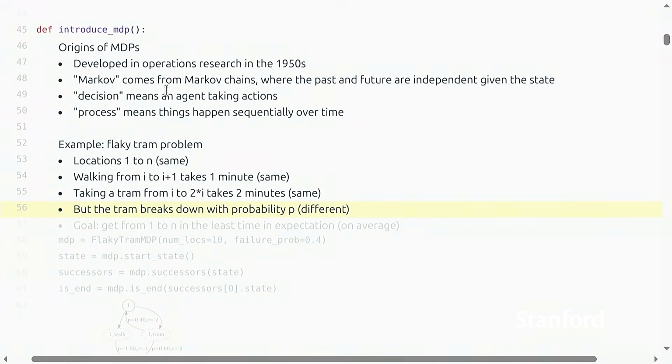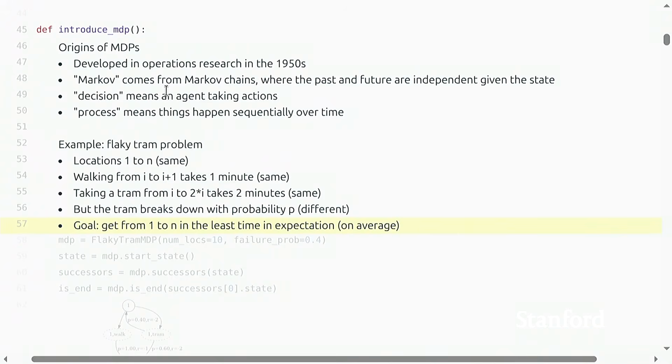Okay, so in a search problem, we can't model this because either it breaks down or it doesn't. But in the real world, we know that things can break down with some probability, hopefully low. So the goal is to go from 1 to n in the least time in expectation.